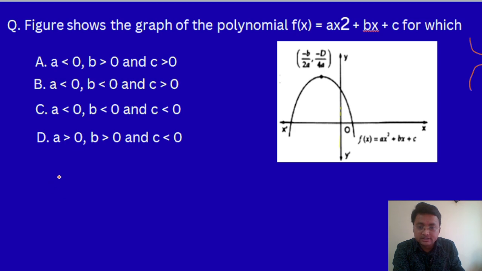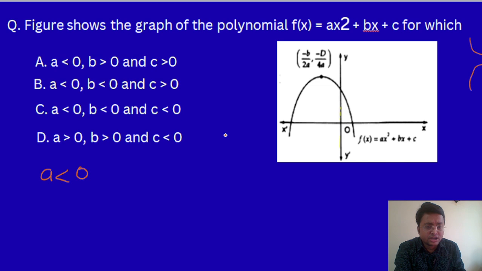Try to understand here, the sign of A will be negative. So let us write here: A will be less than 0.